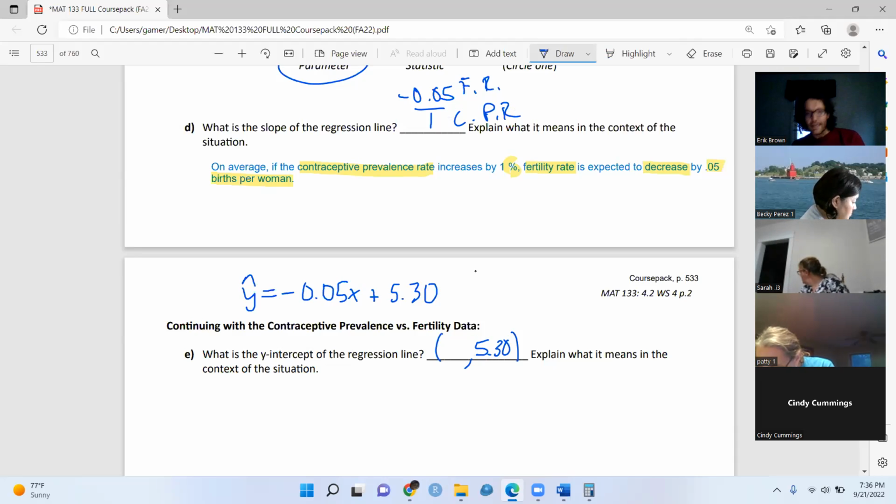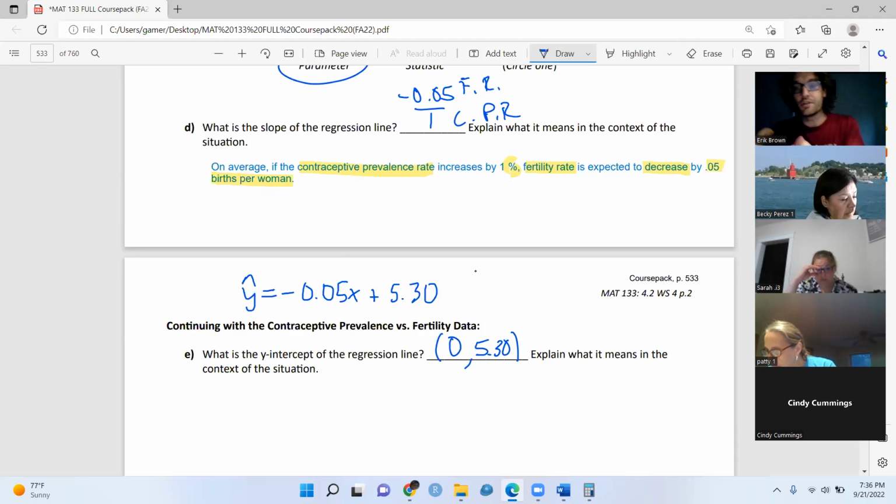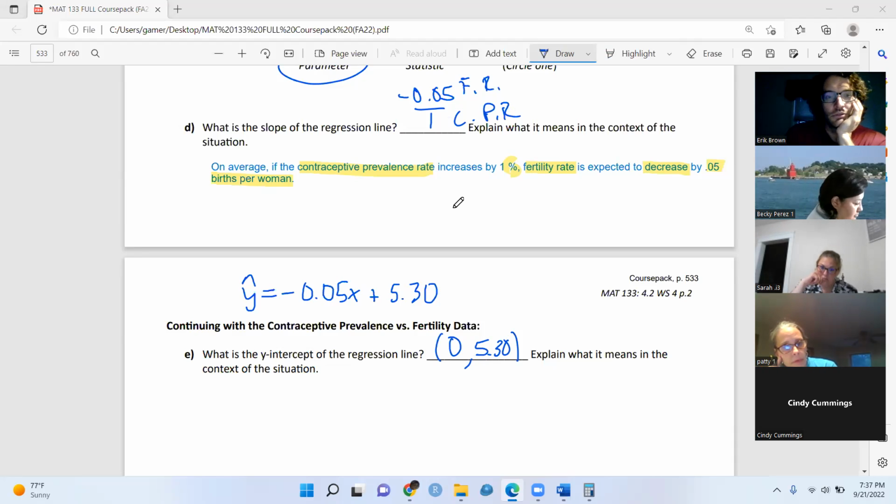This is me being picky, but you need to include the x value. The x value would be 0, every single time. You're always going to have 0 comma some sort of number, whatever this is. And that's because we're saying when the x value is 0, we expect the y value to be this. Nice, Shelby. Crushed it.